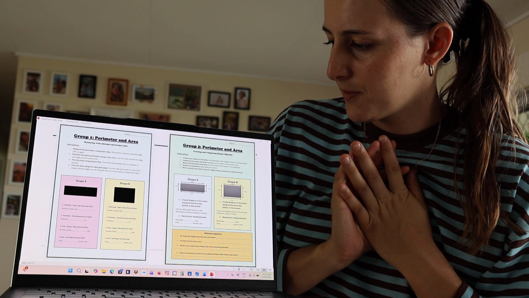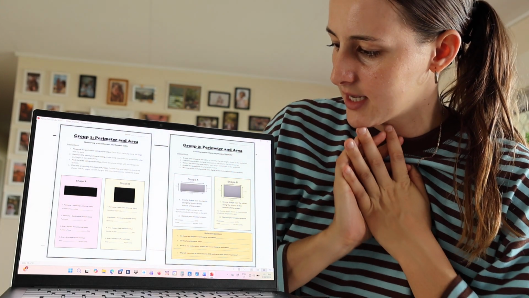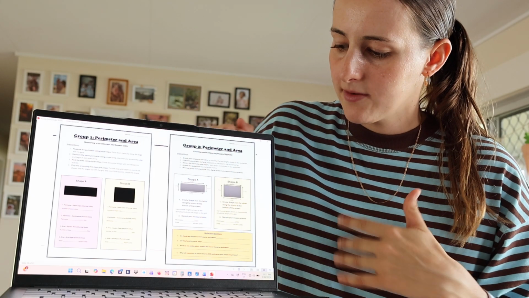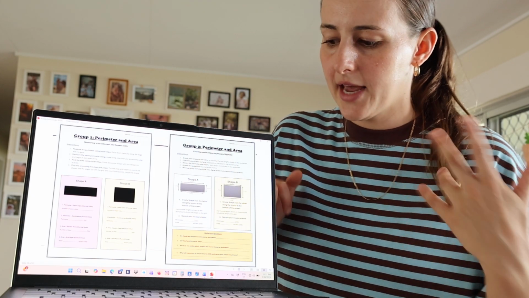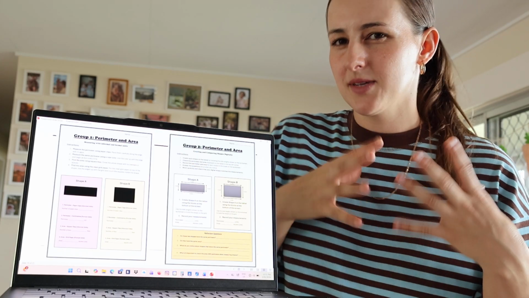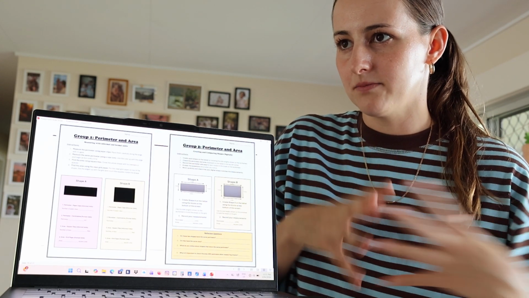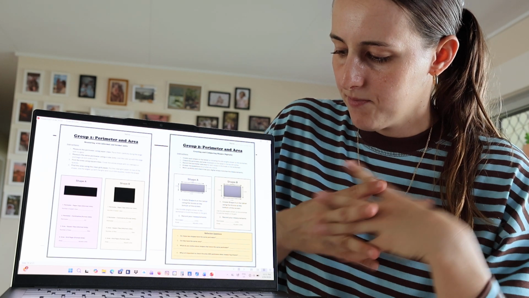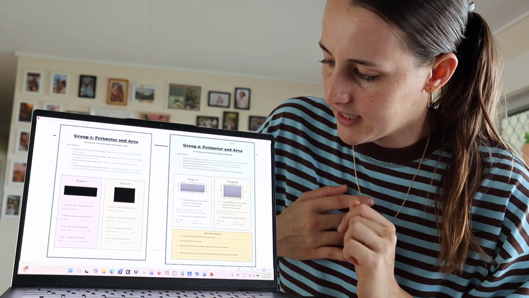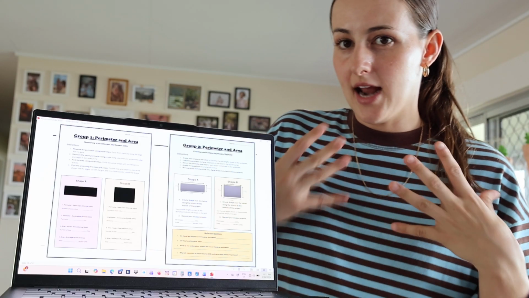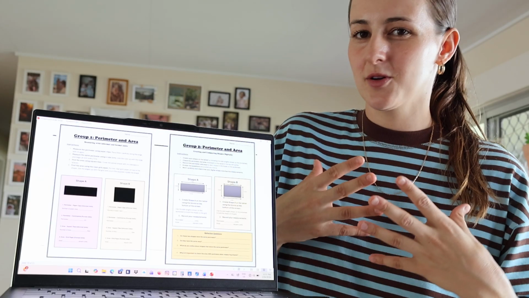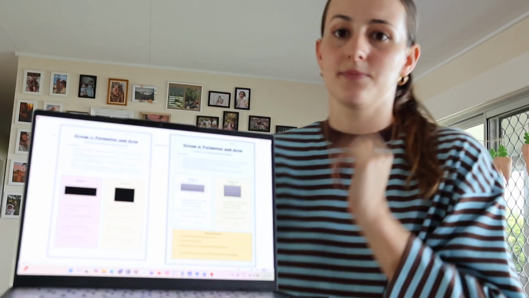Now, group 2, what they're going to be doing is actually looking at the side lengths, and while the website does give them what the area and perimeter are, I'll be addressing a misconception through this. The shapes I've given have the same perimeter, but they do not have the same area, and I don't want them to assume that just because the shape has the same perimeter, the area must be the same.